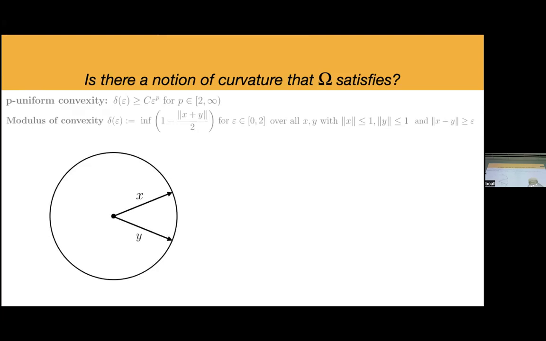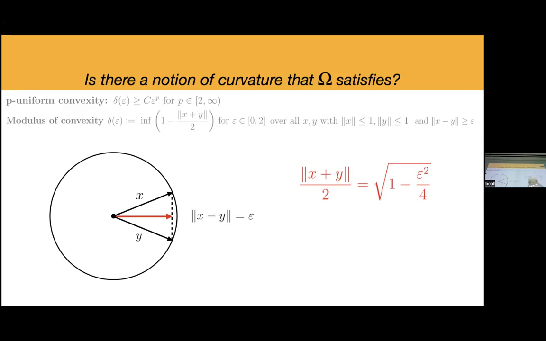So just pretend that you are in the simple example of a circle. You would have your base point in the middle in this case. The vectors x and y are both going to be of length 1. Also, in general, when we look at the modulus of convexity of some sort of shape, it's always okay just to look at vectors of length 1, so we'll do that, which makes our life a little bit easier. So these are epsilon apart, and then you can compute (x+y)/2, in this case doing some Euclidean geometry.